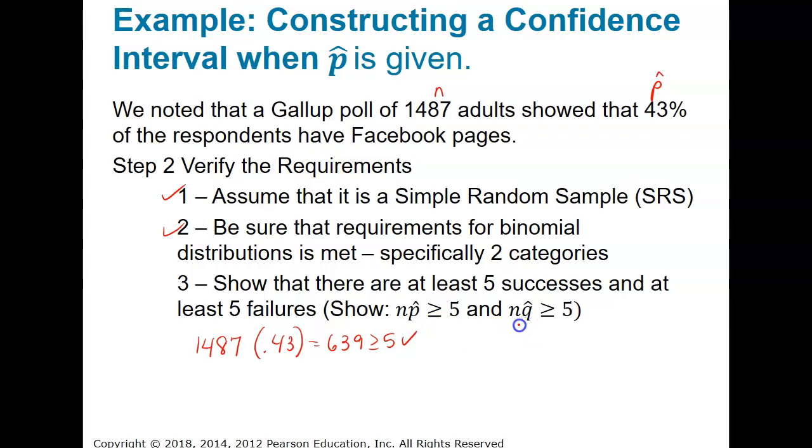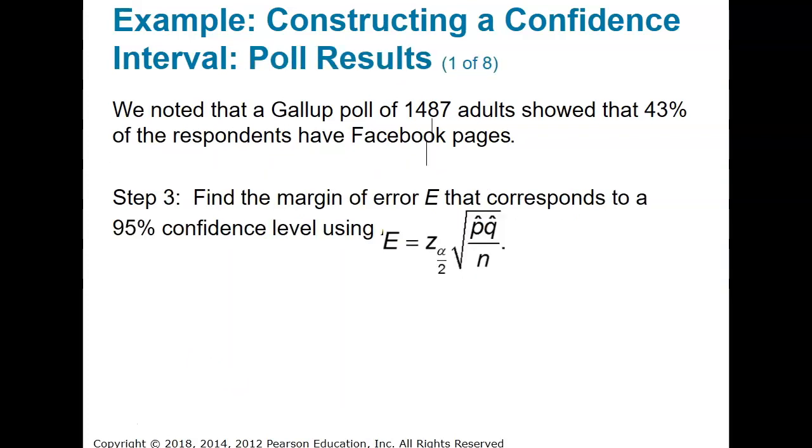For the n times q hat, that's 1487, my q is 1 minus 0.43, so that's 1487 times 0.57. That's going to be equal to 848, and that's definitely greater than or equal to 5. So we have shown that. I do need to see these calculations as part of this requirement check.